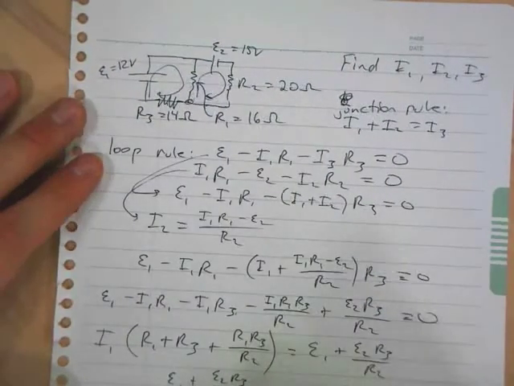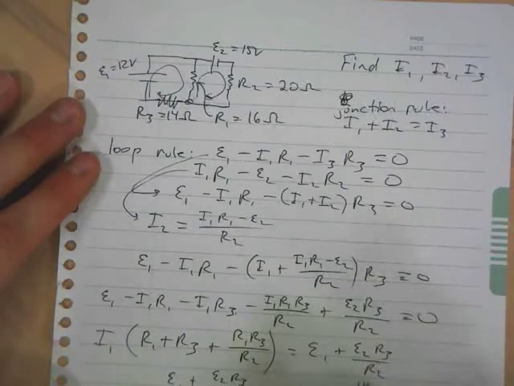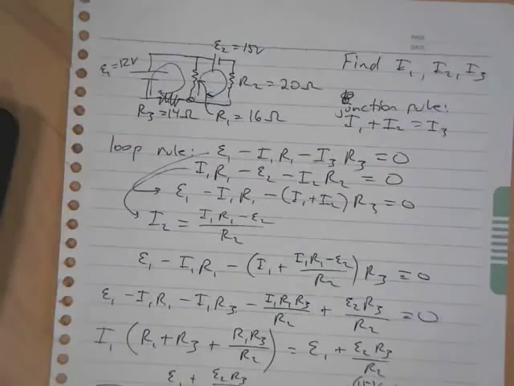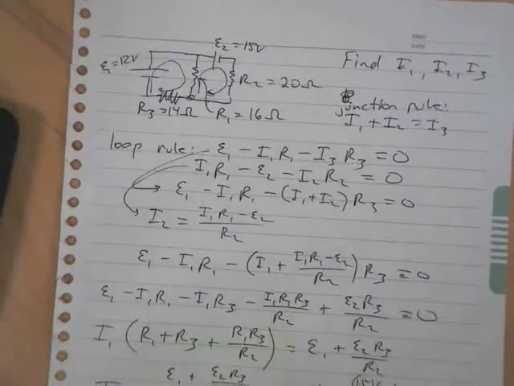E1 is 12 plus E2, 15, R3, 14 over R2, 20, all over R1, 16 plus R3, 14 plus R1, R3 over R2. And we punch that all into our calculator, and we get that I1 equals 0.546, etc., which I will store for later usage.